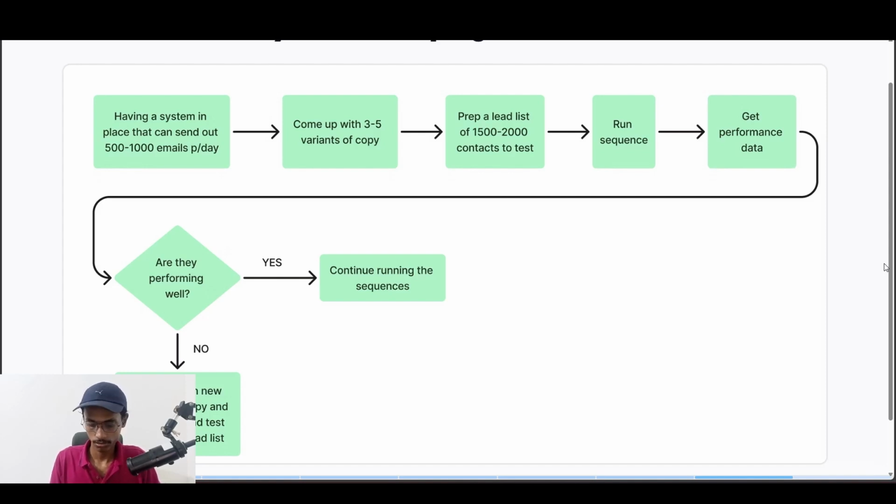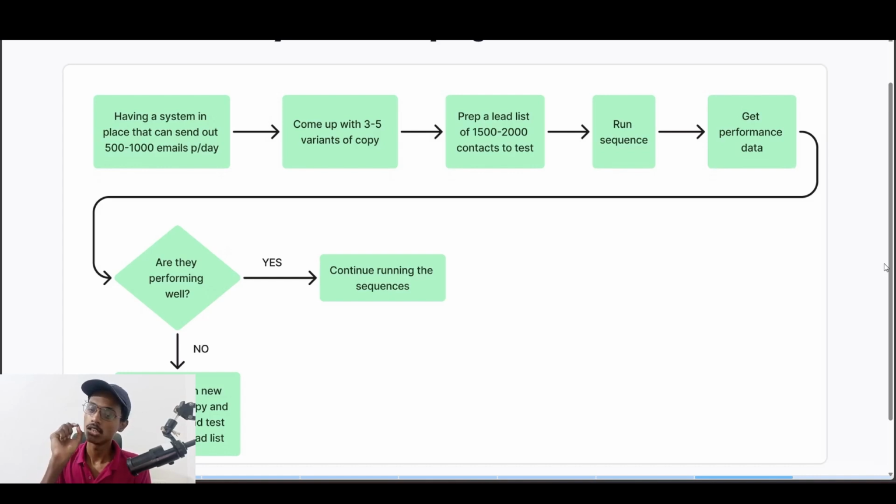Also, if you're testing 3 to 5 variants at the same time, you will know, okay, A to E, right? A, B, C, D, E. There are up to 5 variants, right? Okay, A is performing well, C is performing well, but B and D are trash.